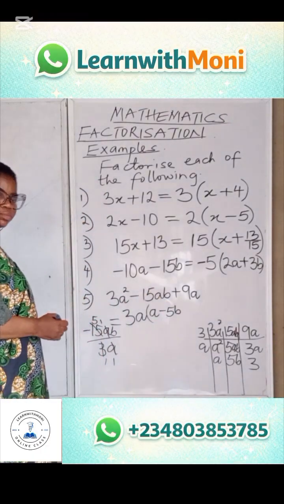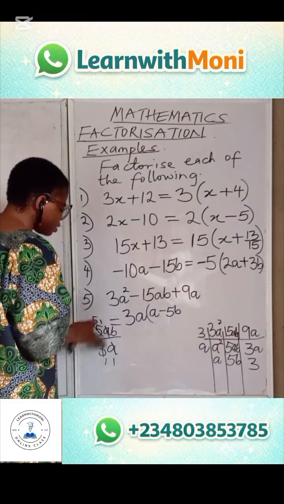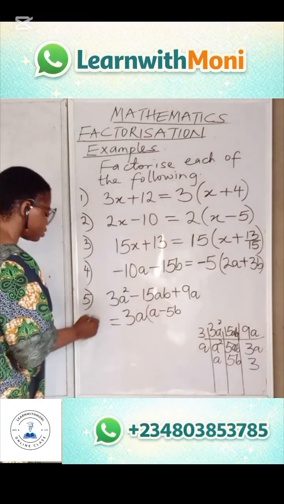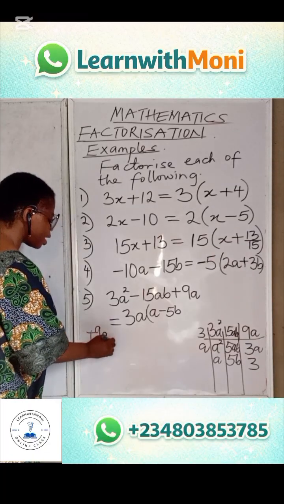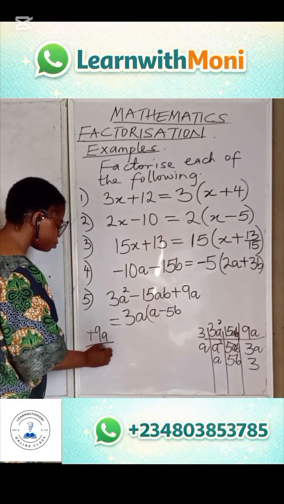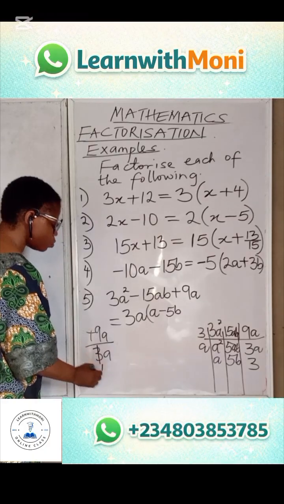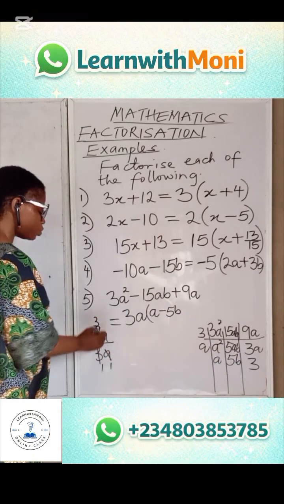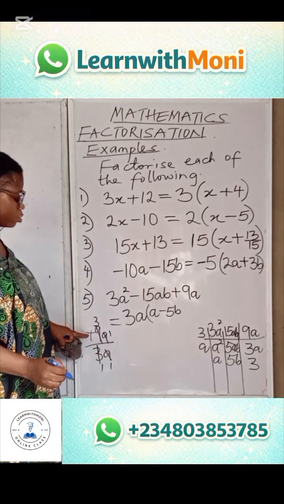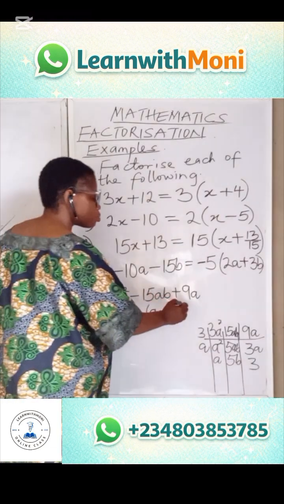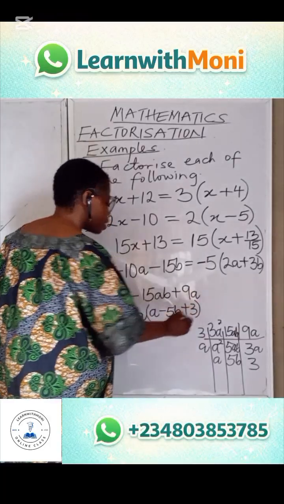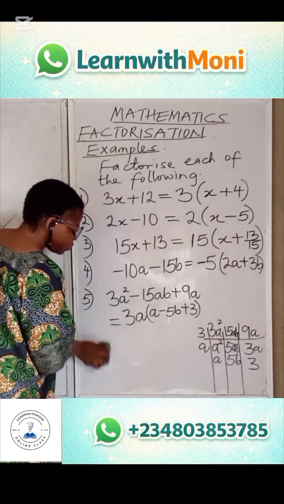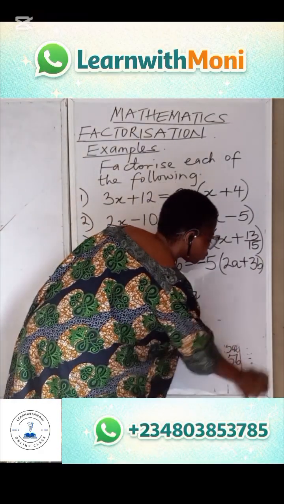Then the third term in that expression is 9a divided by 3a. 3 divides 3 once, 3 divides 9 3 times, a divides a once. So we are left with plus 3, and that is what I'm going to be putting in that bracket. And with that, I have been able to completely factorize that expression as well.